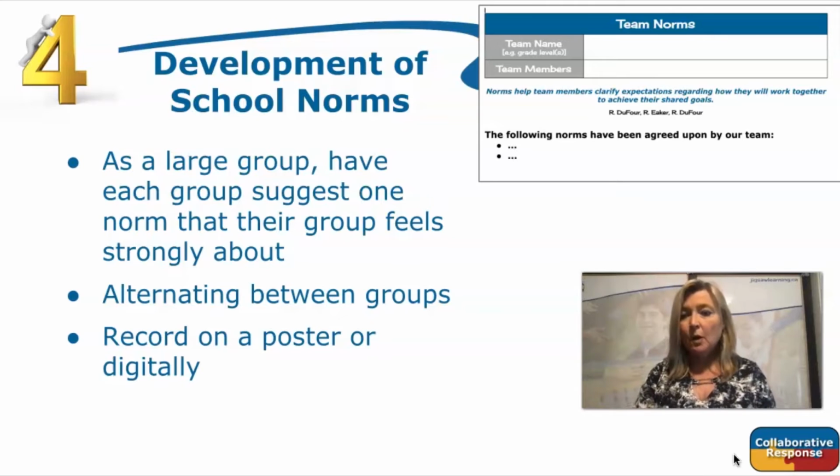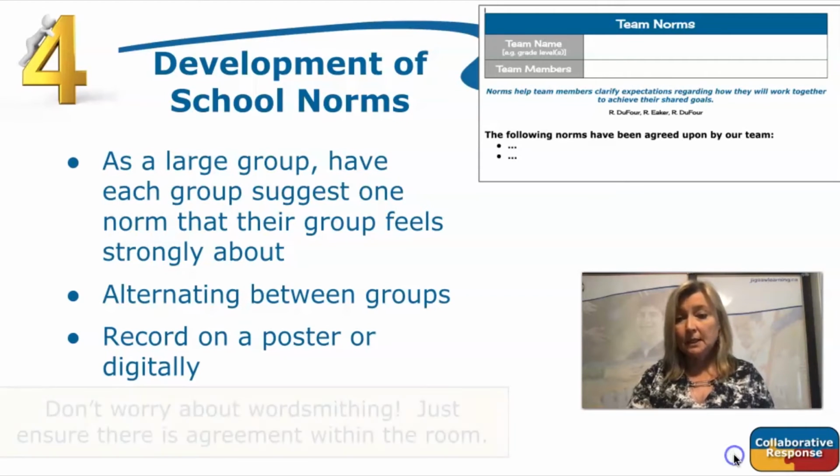template. So alternate between groups so that everyone has a chance to share those norms, and make sure that by the end of your time together, you have a list that compiles all of the ideas that are representative from the group. You want to make sure that there is agreement here.